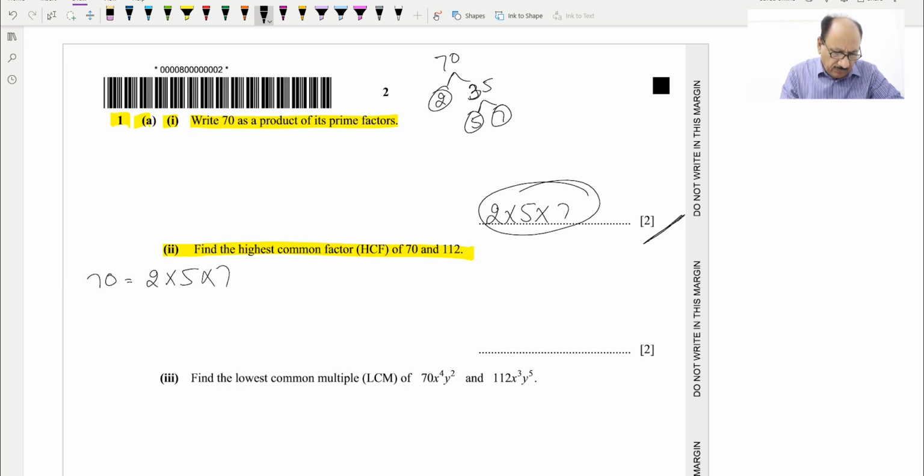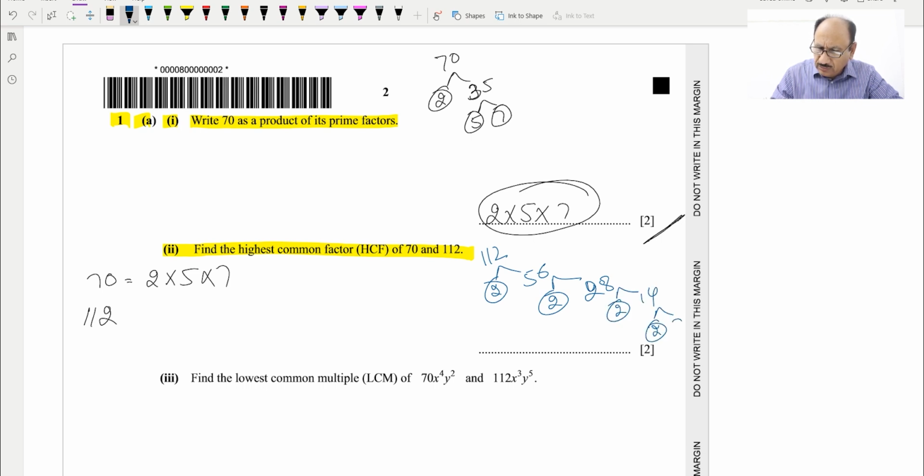Similarly, we can write the prime factors of 112. 112 will be split into 2 5s are 10 and 2 6s are 12, and then further we can split into 2, 2 4s are 8, 2 8s are 16, then further into 2 into 14 and 2 and 7.